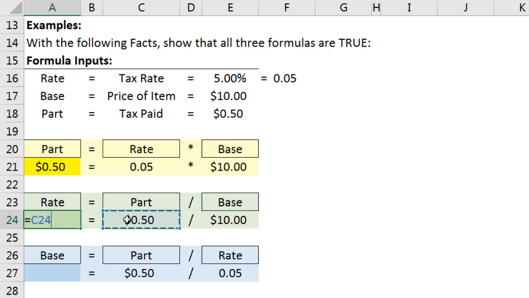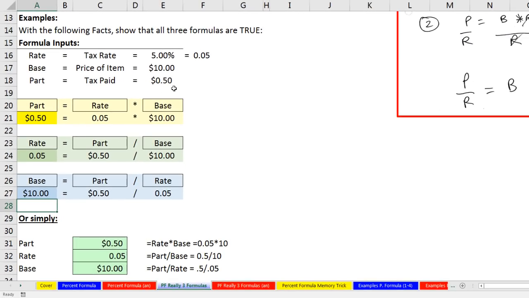Rate, I'm taking part divided by the base, and I better get 0.05 or 5%. And then the base, I better get 10 bucks when I take the part, that's the 50 cents, tax paid, divided by the tax rate. When I hit enter, I get exactly 10 bucks. So with a simple example, you can prove that 1, 2, 3, all three formulas work.